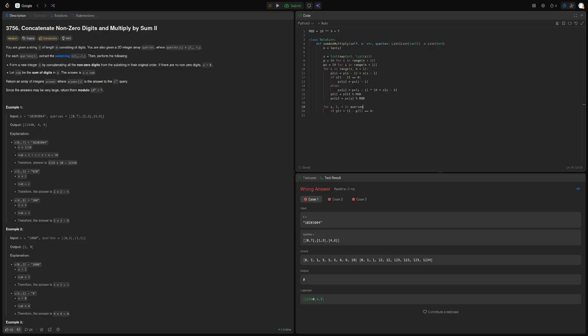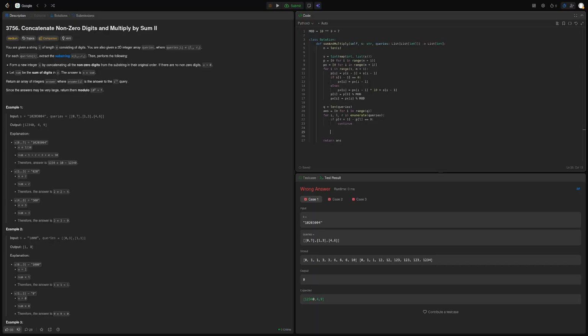I think it's like that, enumerate queries. The reason I'm doing this is that I want to pre-allocate space for the answers, so we can skip, because the answer is already set to 0. Now, because the numbers in there have sum 0, the number is 0 either way. So now we also return ans.